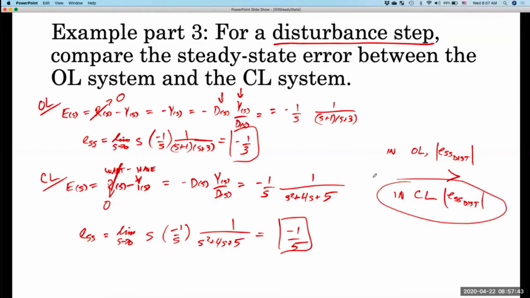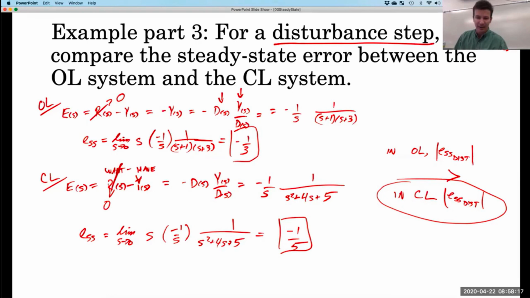Does this mean that if you have the same disturbance for both, then the disturbance for a closed loop will be -1/5 times as large, or like -1/3 times as large? So it is true that if the step scales, so if this is u of t versus 5u of t, then the steady state error also scales, because this is still a linear system and we can get that scaling factor.